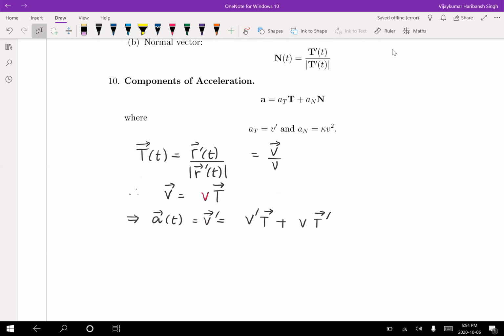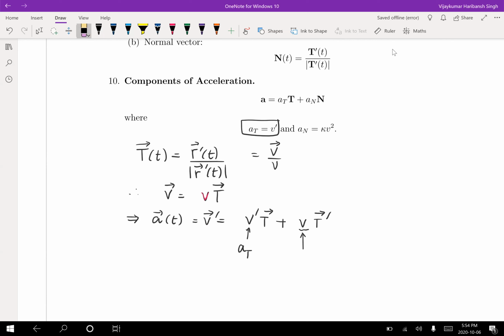Now we will rewrite this in terms of curvature and velocity. So here a of t is automatically obtained, right? This is your a of t, which means the component along the tangent and along the normal. This is what we need to rewrite so that we can get k v square.